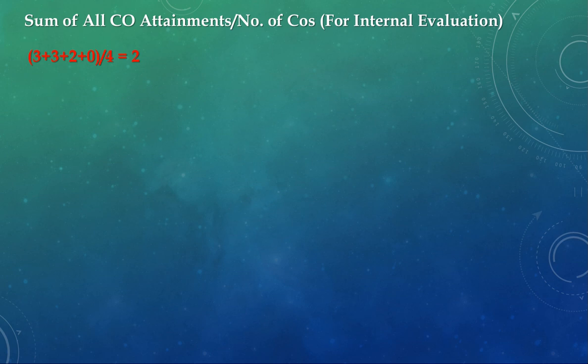For CO1 we had 3, CO2 we had 3, CO3 we had 2, and CO4 we had 0 as attainment level, and the number of COs is 4. Therefore, the simple formula is 3 plus 3 plus 2 plus 0 divided by 4. It comes to 2. So in the internal evaluation, the attainment of the entire course is 2.